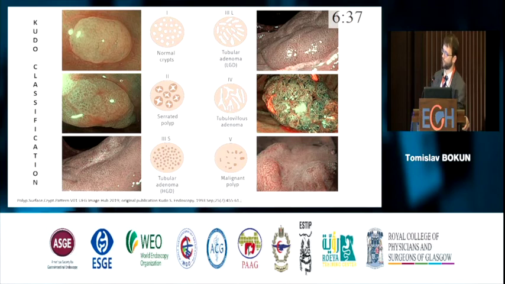So even before these classifications, Professor Kudo in 1993 actually proposed the Kudo classification. He could describe normal crypts on the one hand, and he could actually look at the surface pattern, and then he ended up with 6 groups.